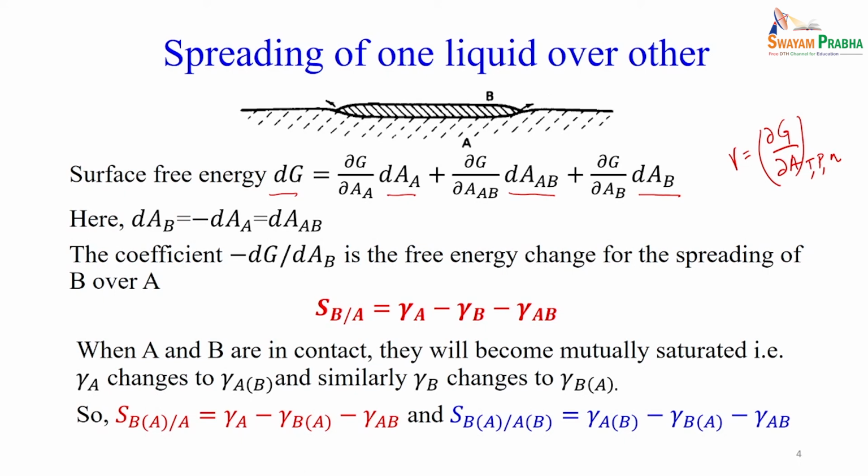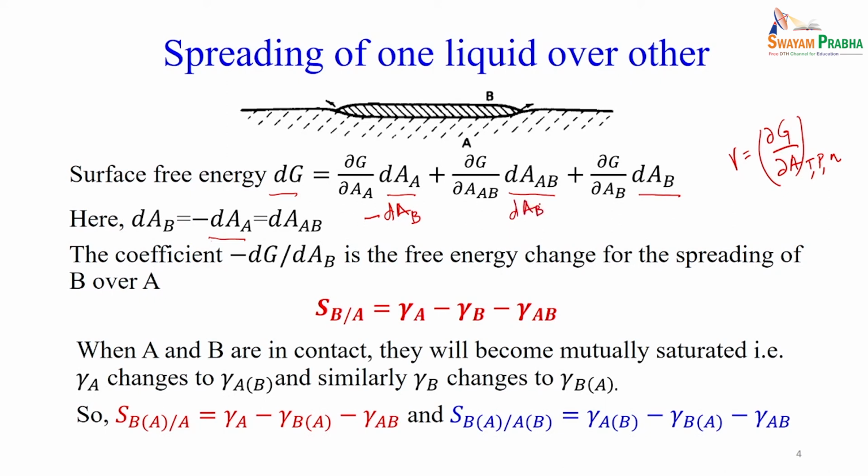So, if there is an interaction between A and B, the change in the area of B will be minus the change in the area of A, and that area should be the same as the change in the area of the interface. So, if you consider this, dAA will be minus dAB, and dAAB will be dAB again.